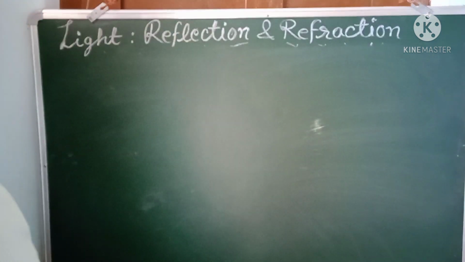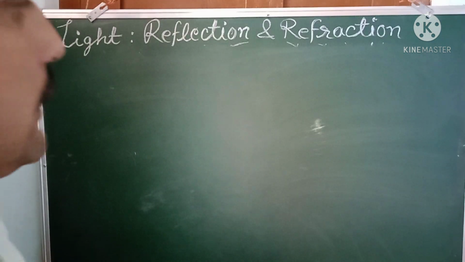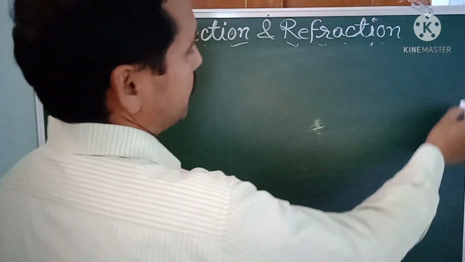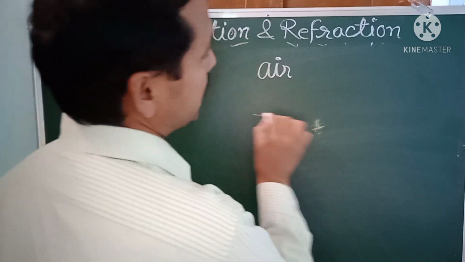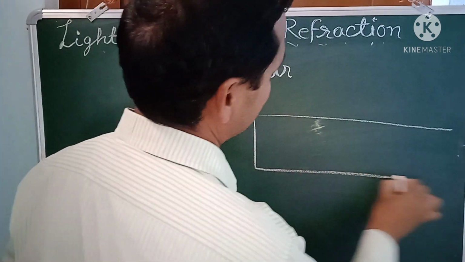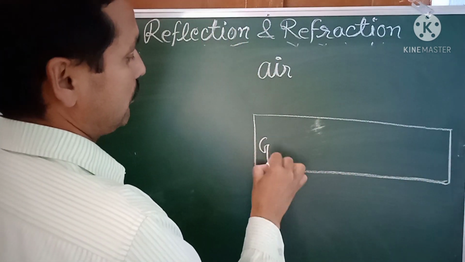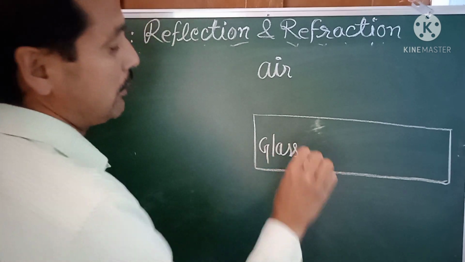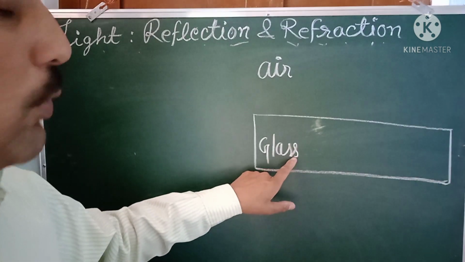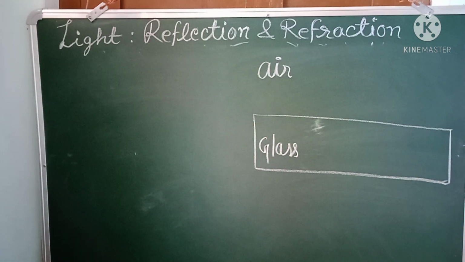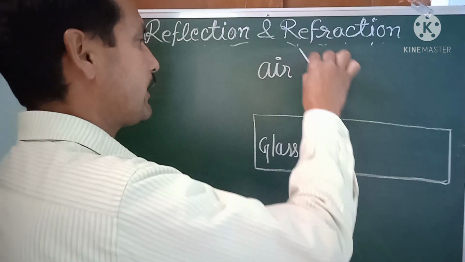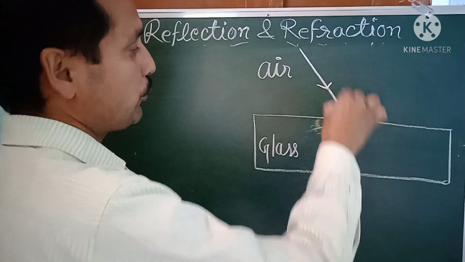Now for refraction we have to consider two transparent media. Suppose the first medium is air and the second one is glass. As you know, glass is a denser medium than air, and suppose a light ray is passing obliquely from air to glass.